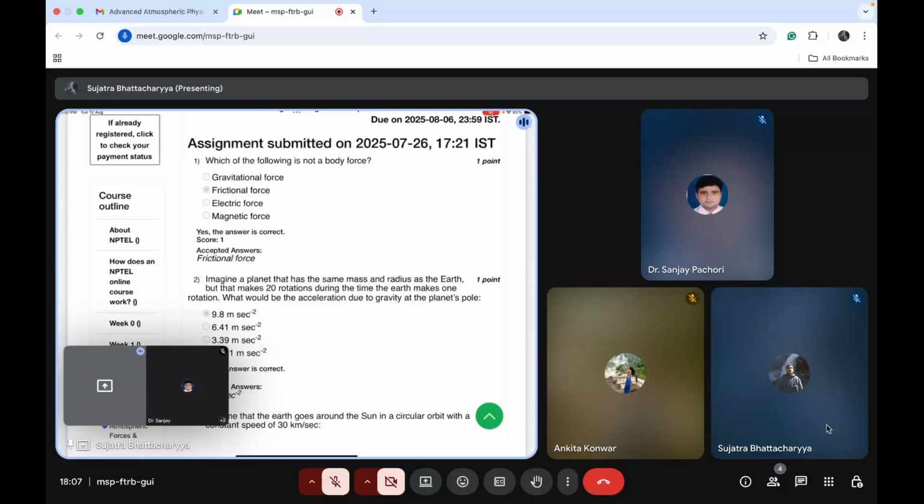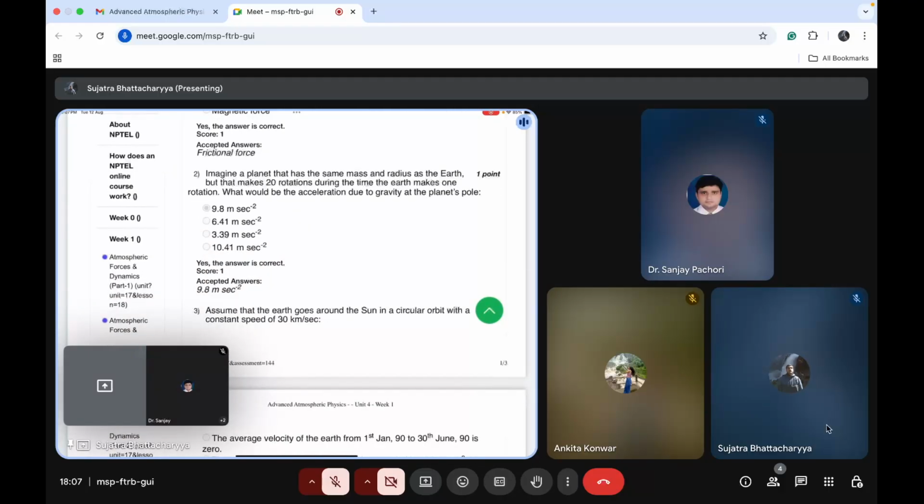So without going into too many details, it is very clearly known that frictional force is not a body force, it's a surface force. Other things are body forces. Okay, so I am not going into much more detail on that. It is a known kind of force, which is a surface force.